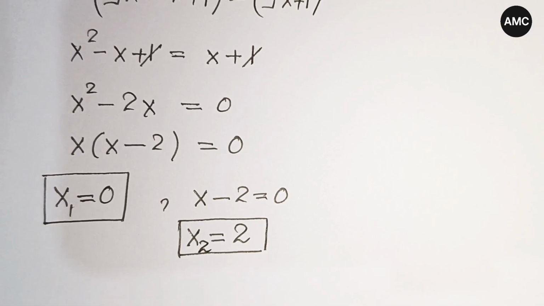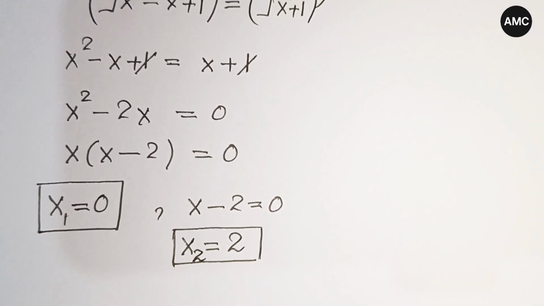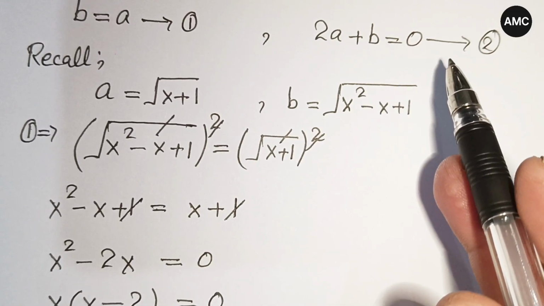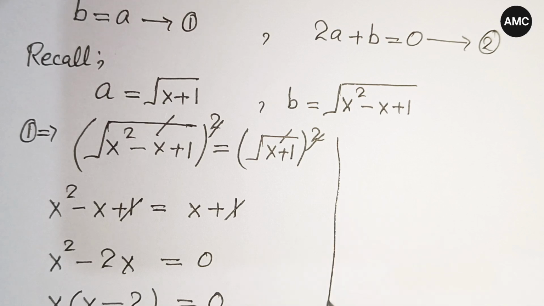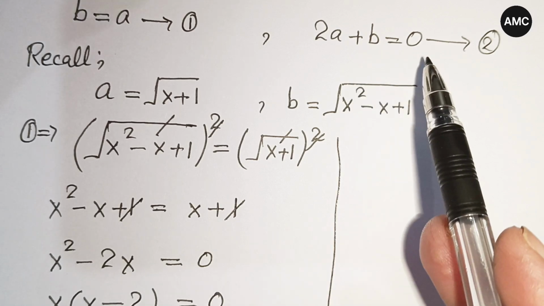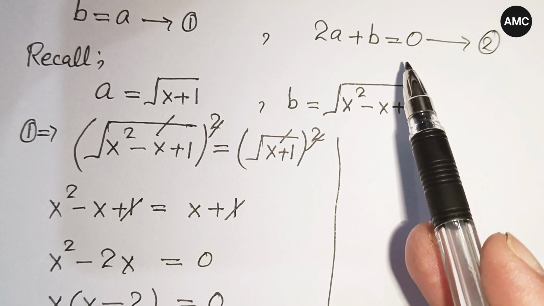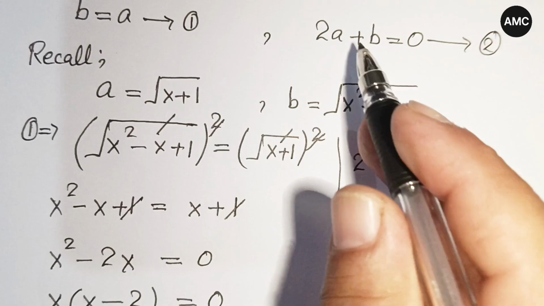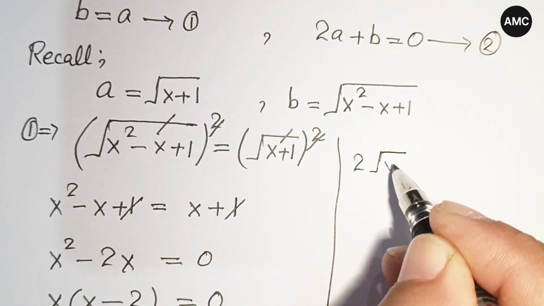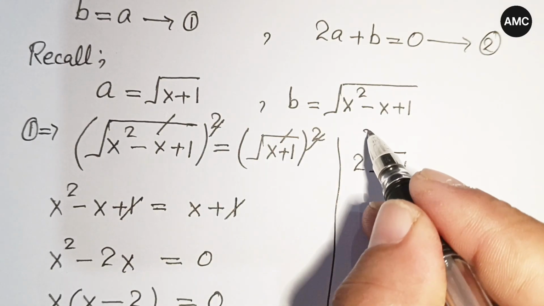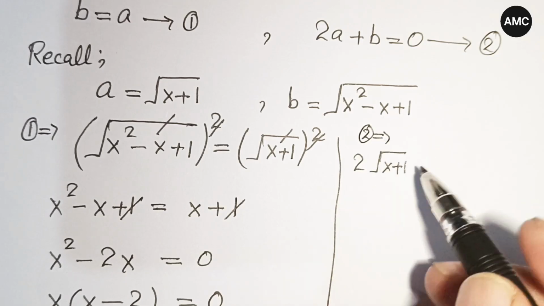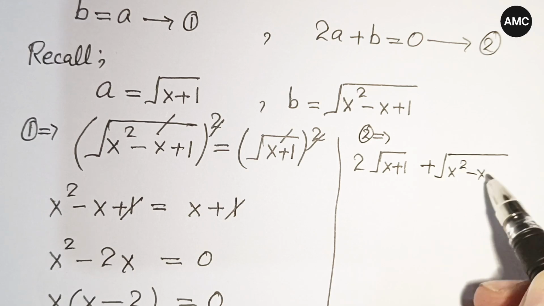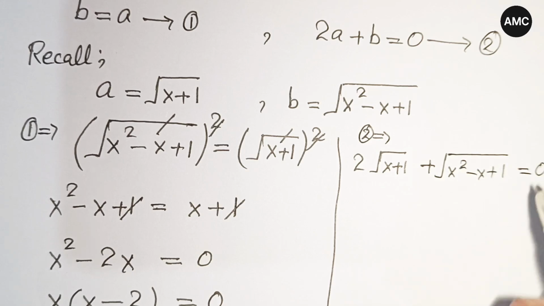Now solving our second equation, as we know that we have 2a plus b is equal to 0. So if we use this one, 2a plus b is equal to 0, here we see that in this equation, 2 times the value of a, which is square root of x plus 1, it is our equation 2, plus the value of b, which is square root of x squared minus x plus 1, is equal to 0.